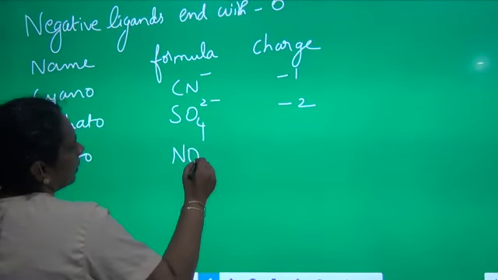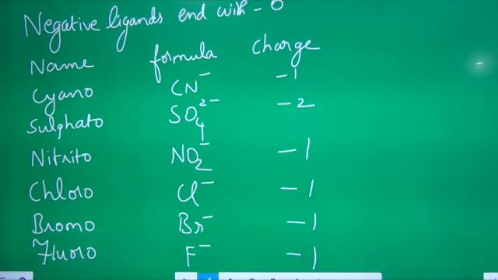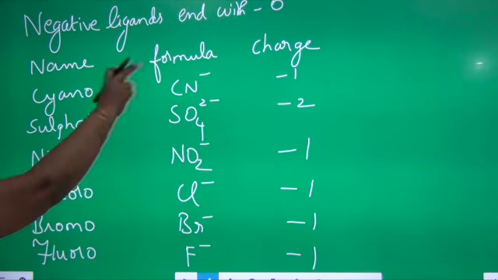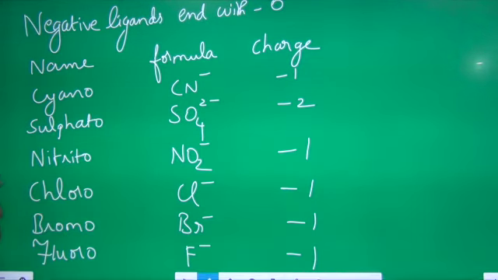Like this, we have so many negative ligands. Usually negative ligands end with -o. That's why cyano, sulfato, nitrito, chloro, bromo, fluoro, etc. So the ending will be -o. Always these negative ligands end with -o.